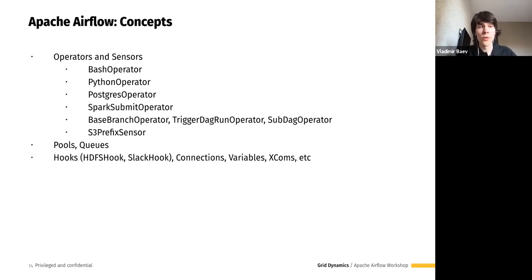And also, if you need some prioritization on tasks, on pipelines, you can use the mechanism of pools and queues. For external integrations with, let's say, databases, you can use hooks and connections. Also, you can store configuration variables. And yeah, we will cover all those parts later today during the workshop.